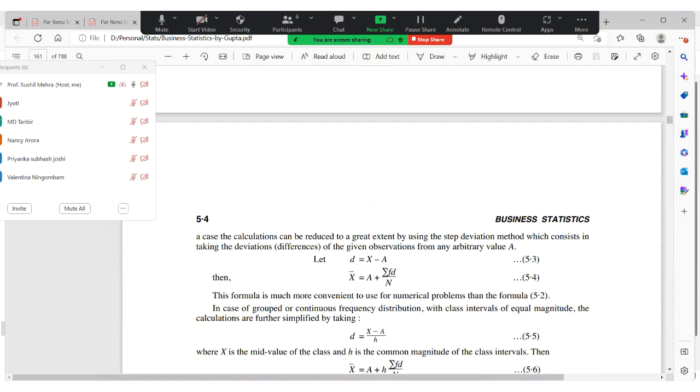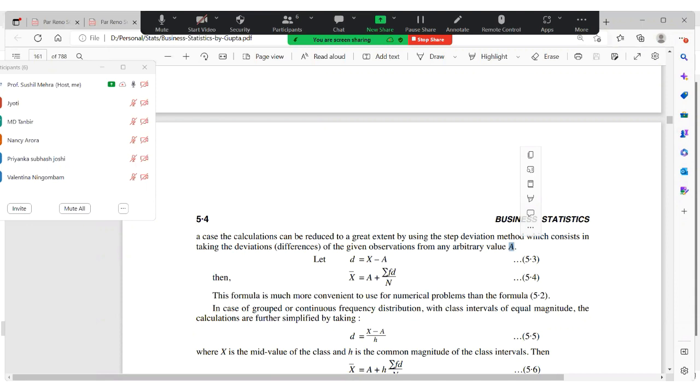That number we call the assumed mean. Generally, the assumed mean is denoted by A, right? The value of A, generally we take centrally located, or the value which lies in the middle of the lowest and highest. That means the mean of extreme values, right?